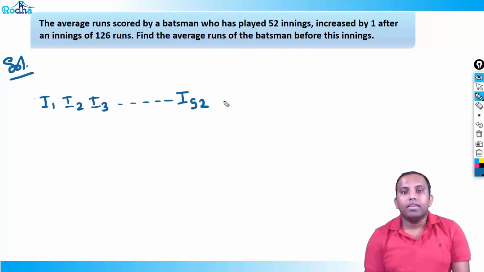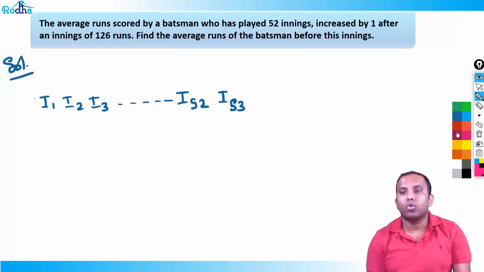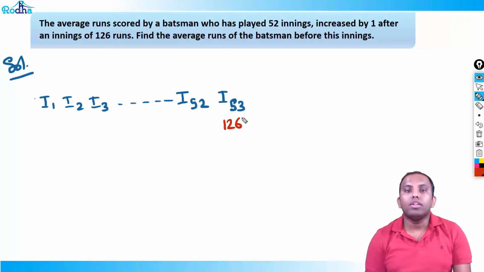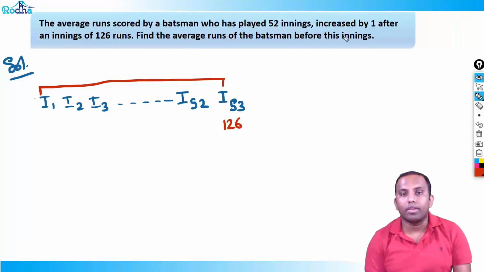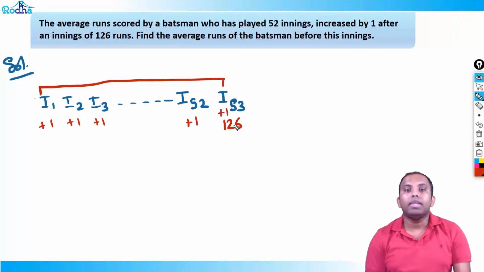Then in inning 53, he scored 126 runs. And because of that, the average of all these 53 innings combined has now increased by 1. That means to each inning I'll add 1 run, till inning 53.